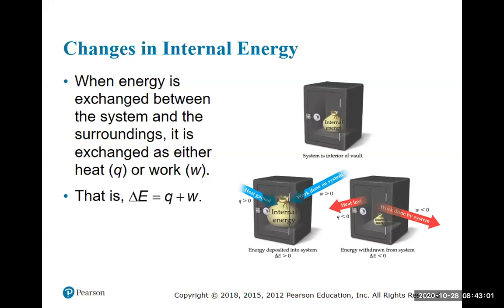We talked about the relationship of delta E, so that change in internal energy, how that relates to heat and work. And so we said delta E is equal to Q plus W. Remember, Q is the symbol for heat, and W is for work.